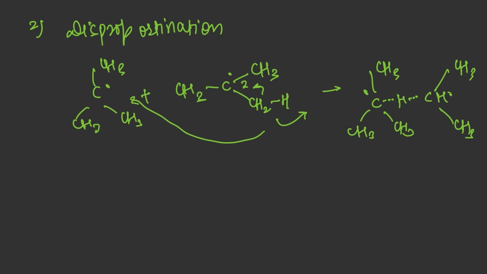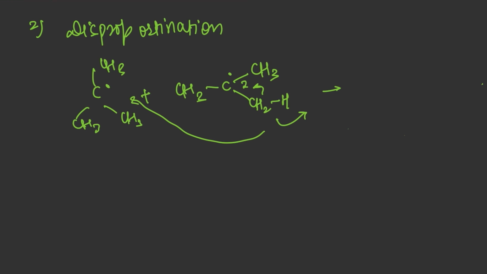And one more CH3 over here. Now this hydrogen forms a double bond with it, and we have CH2 over here. There is a little bit of connection. This is the transition state which we are going to follow.